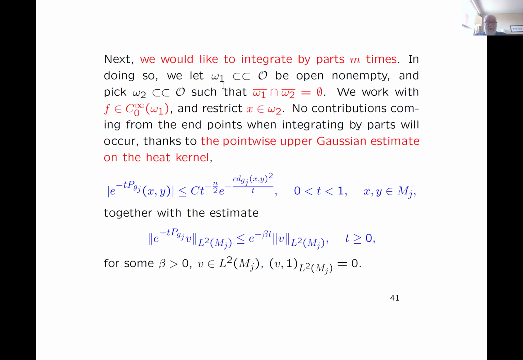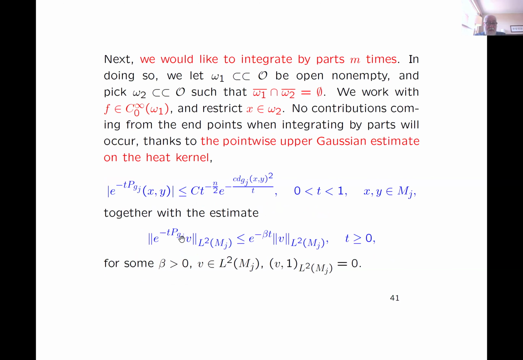For that, you take open subsets so that they don't intersect. This is in order to have the exponential decay of the heat kernels. You take any two open subsets that don't intersect, so the heat kernels decay exponentially because the distance between the two open sets is positive.